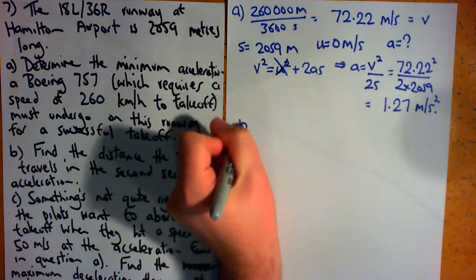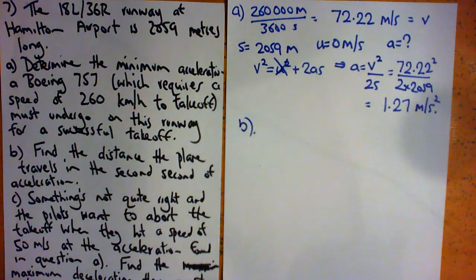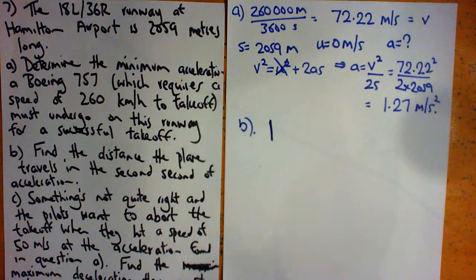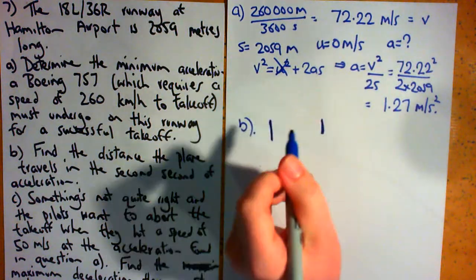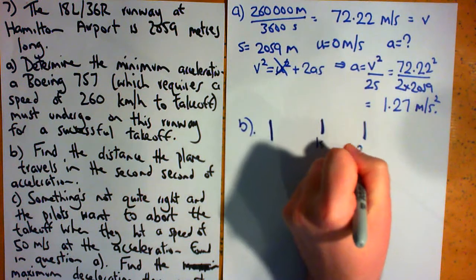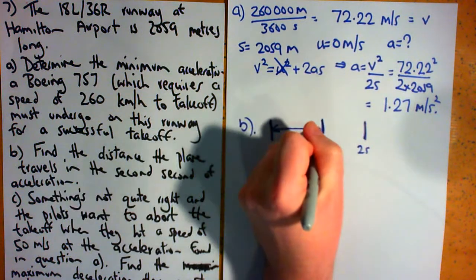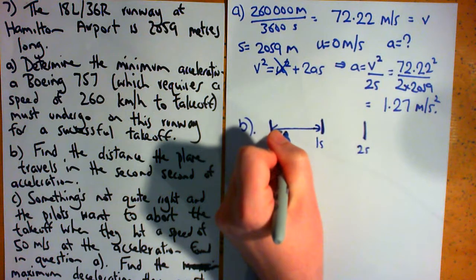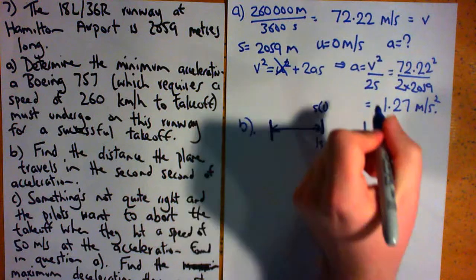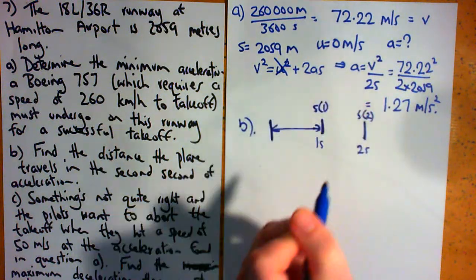Okay, question B. Find the distance the plane travels in the second of acceleration. There's a little bit of wordplay going on here, but let's imagine that that's the point where the plane starts. Let's say it's here after 1 second, and here after 2 seconds. So this is the distance that it goes in the first second, s of 1, and this is s of 2.